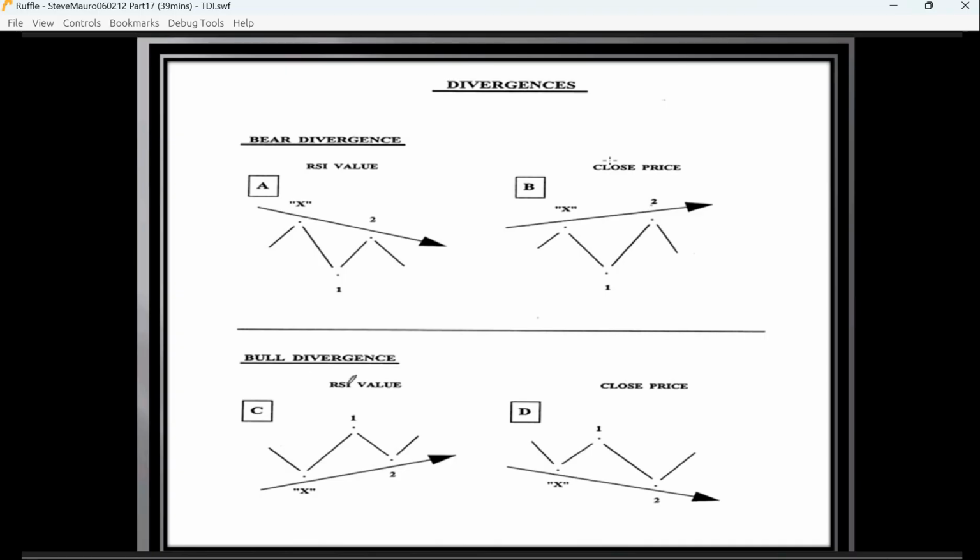Divergence, a lot of you know what it is, but how do you spot it? It's simple. RSI is based on the averages of the closing price over X amount of periods. We use 21, but a standard RSI is 14 out of the can. So divergence is this.